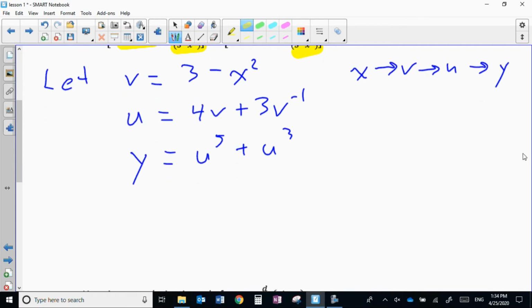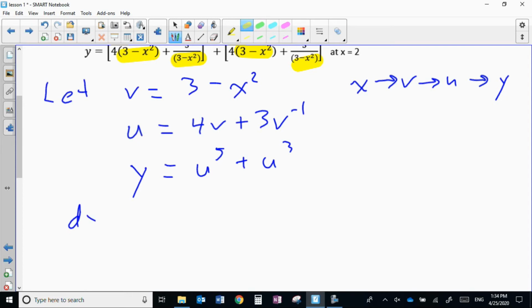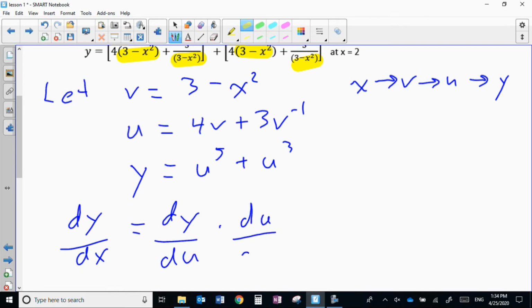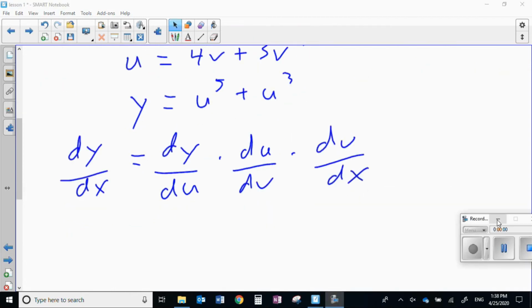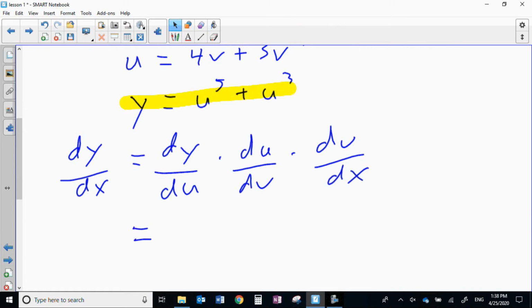And I know that dy by dx is equal to dy by du times du by dv times dv by dx. And it makes it a little bit simpler to find the derivative now. So let's do that. So dy by du, I'm just taking the derivative of this right here.